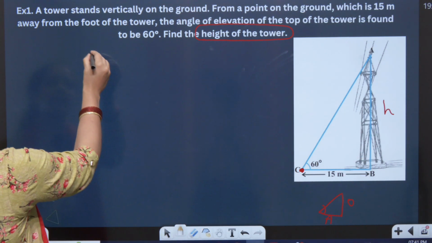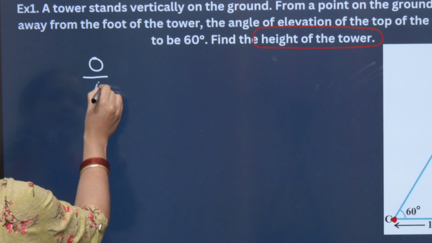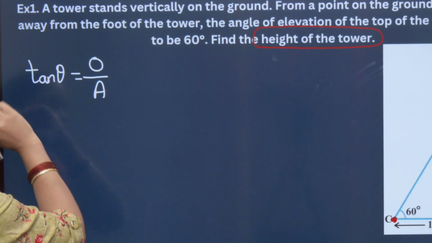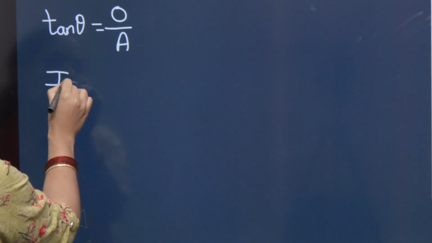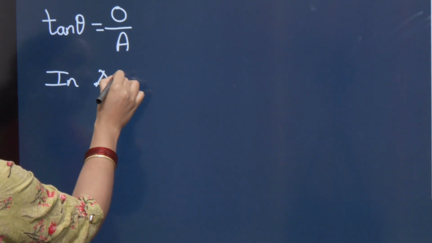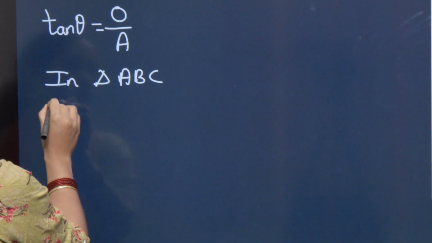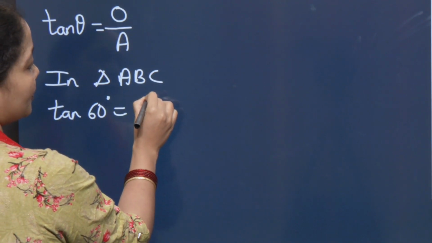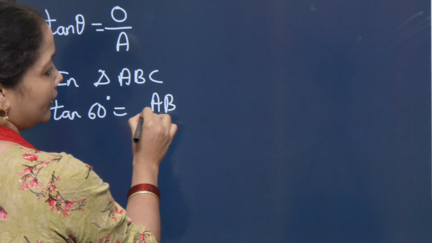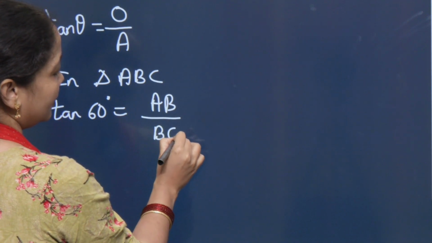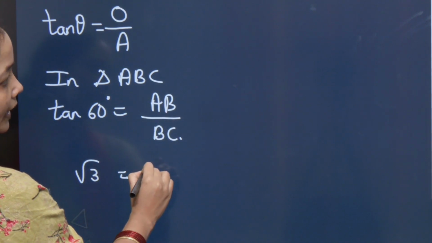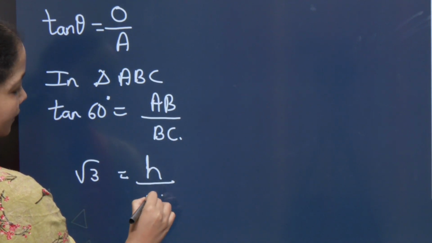At that point of time, O by A is nothing but tan of any angle, tan theta or tan A. So in triangle ABC, tan 60 degree is equal to opposite AB divided by adjacent BC. What is tan 60? Tan 60 is root 3, equal to AB which is h, and BC is 15.